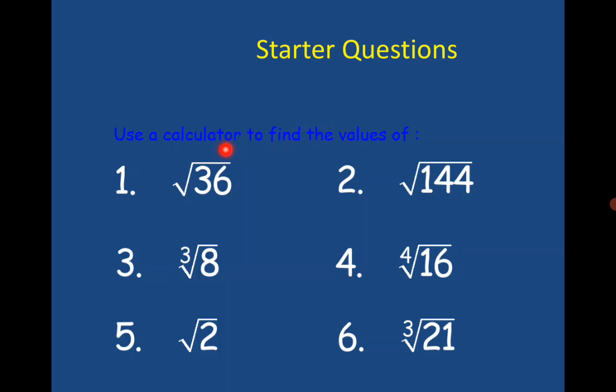As a starter, can you use your scientific calculator to work out these roots? Simply punch on your calculator the square root of 36, the square root of 144, the cube root of 8, and the fourth root of 16.